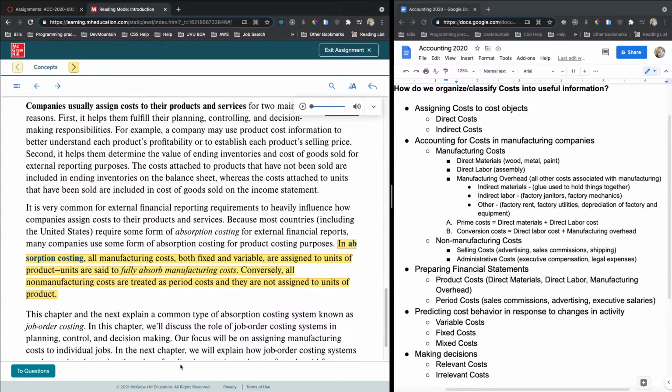Absorption costing, both fixed and variable, are assigned to units of product. I'm curious what units of product means. Units are said to fully absorb manufacturing costs. I don't know in a situation where we're doing job order costing.